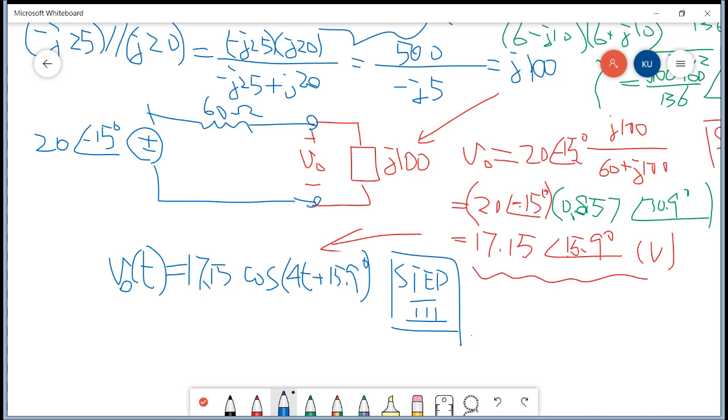Okay, so this is a simple example about the usage of the phasor technique.